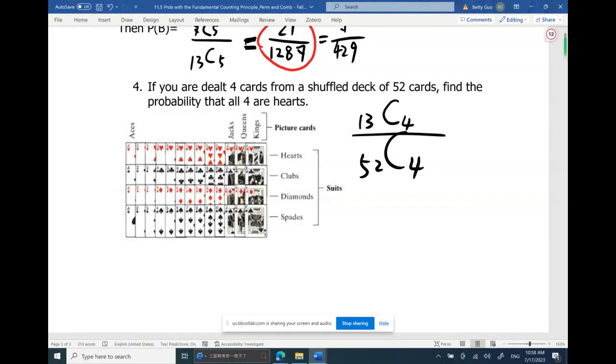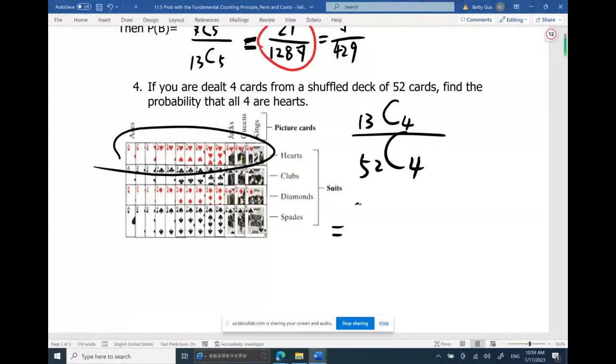So the event is all the 4 cards you are dealt are hearts. So we have 13 hearts here. So C(13,4). Let's do the calculation. 13, math, probability, nCr, 4.